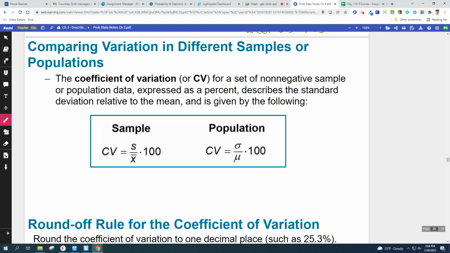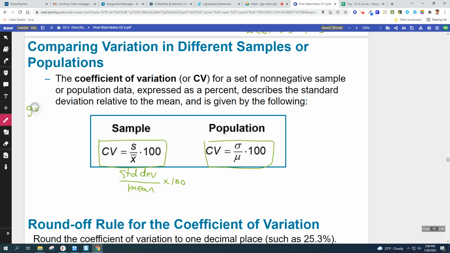Okay, I know it's another formula and another thing that looks confusing, but what we're talking about here is standard deviation divided by the mean times 100. Okay, and this is the same thing over here. It's standard deviation divided by mean times 100. Same thing, same thing. Okay, what we're trying to do is we're trying to compare variations.